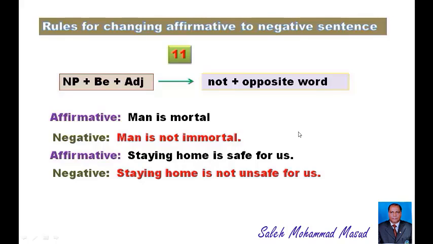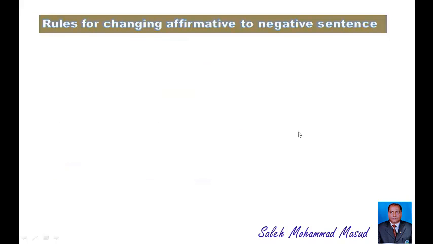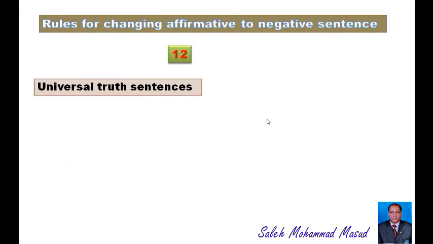Next number 12. If we find any sentence which gives an idea of universal truth, to make it negative, turn the sentence into negative interrogative at the same time.